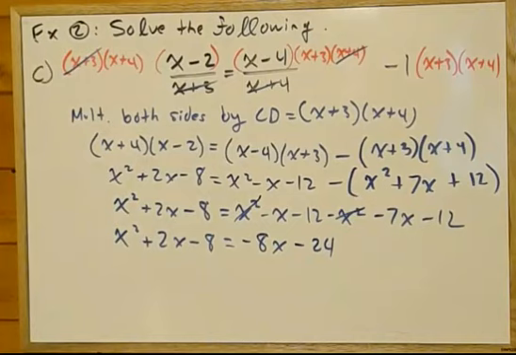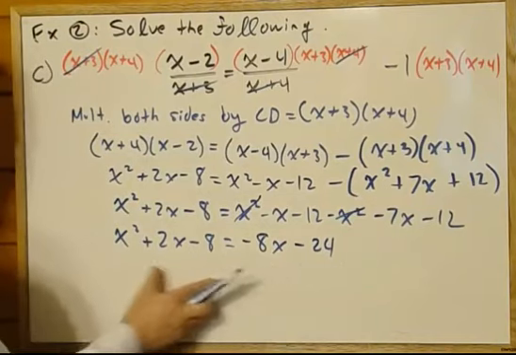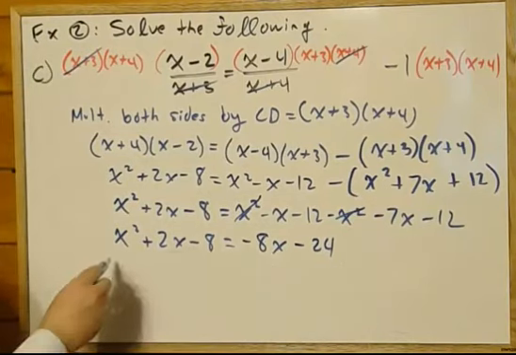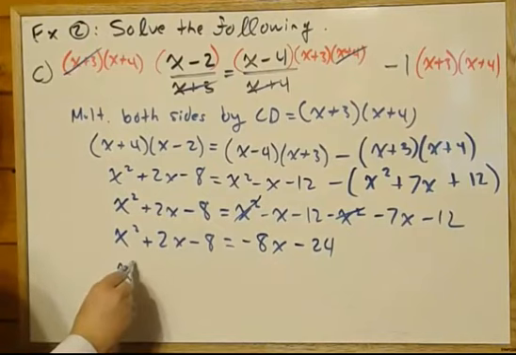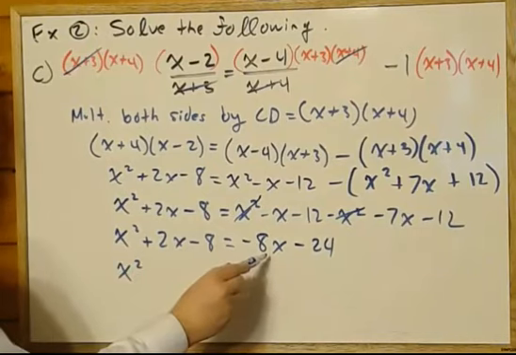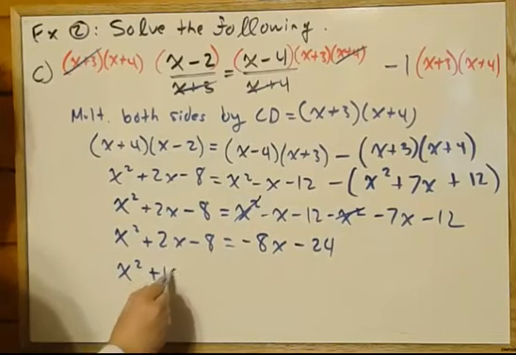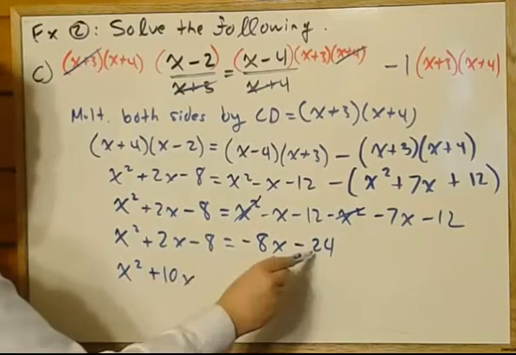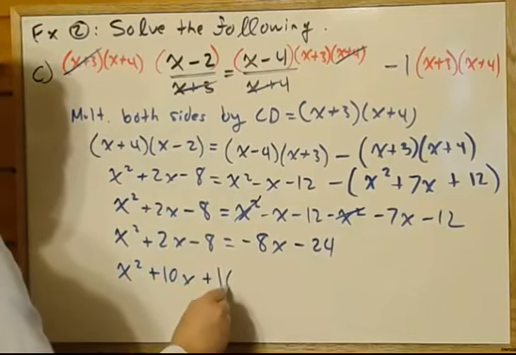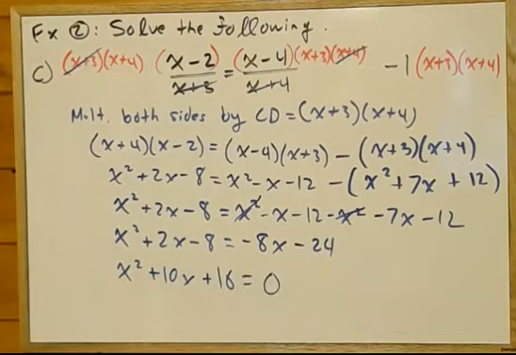Okay, so from here, we want to combine our terms on the right over to the left side. And so what this will yield will be x squared. 2 plus 8x is 10x. Negative 8 plus 24 is positive 16, which is equal to 0. And now we must play the most dangerous game.